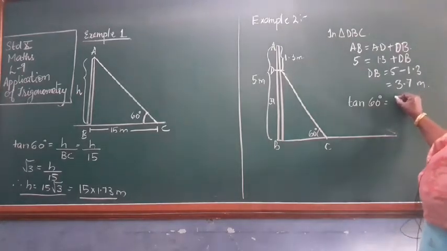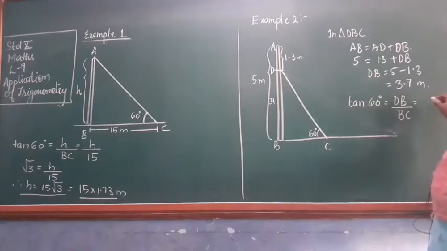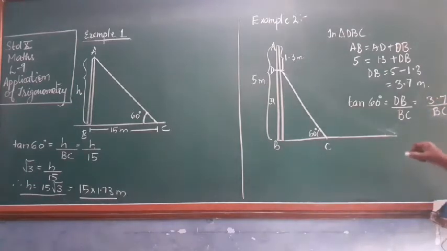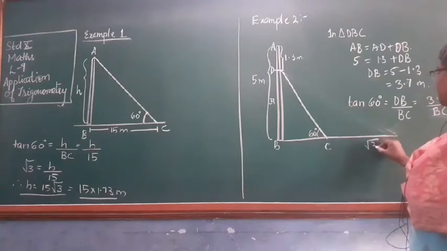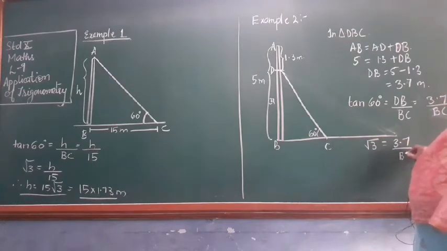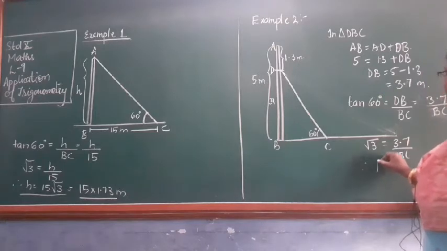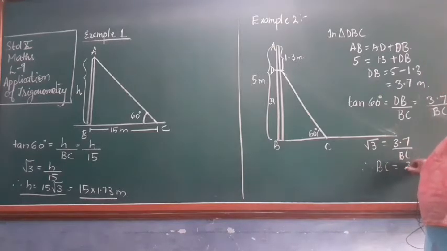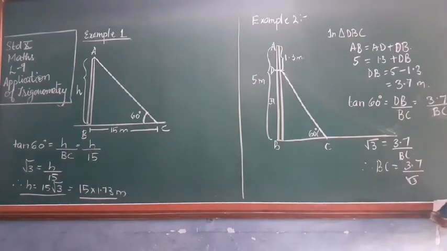So it is DB by BC. DB is 3.7. BC is unknown to us, but we know tan 60, that is root 3, is equal to 3.7 by BC. Therefore, BC is equal to 3.7 by root 3. This is how I got it. Okay.